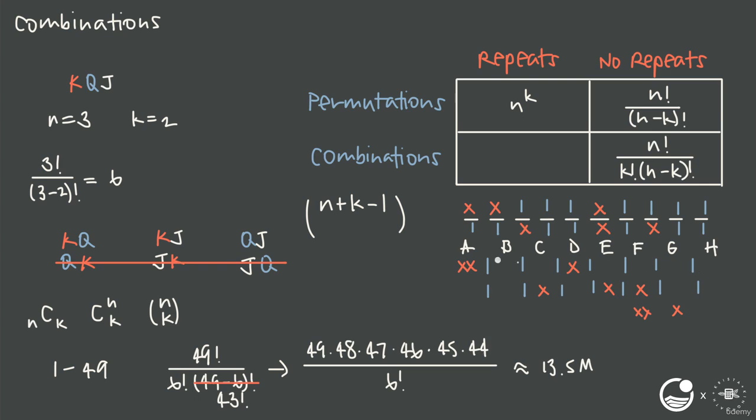There's always one fewer divider than the number of buckets. So the number of dividers is always n minus 1, and the number of x's we're placing is k. Adding together n minus 1 and k, we write it as n plus k minus 1.